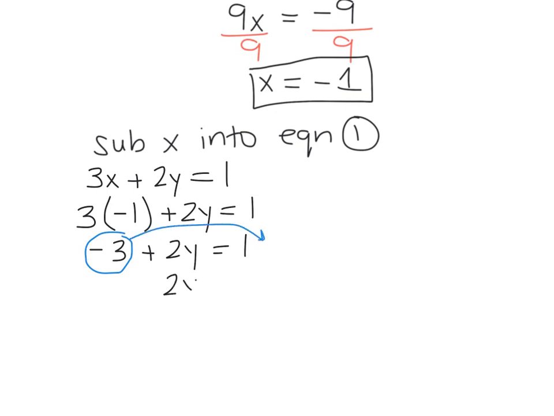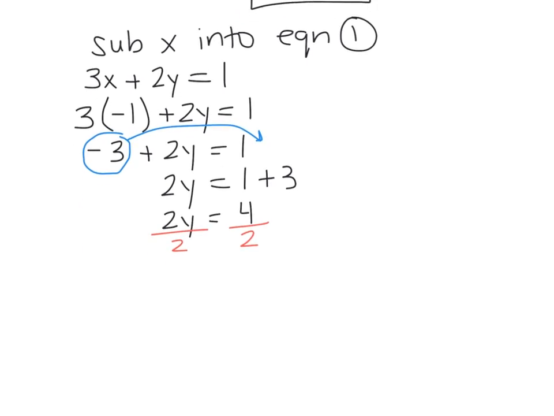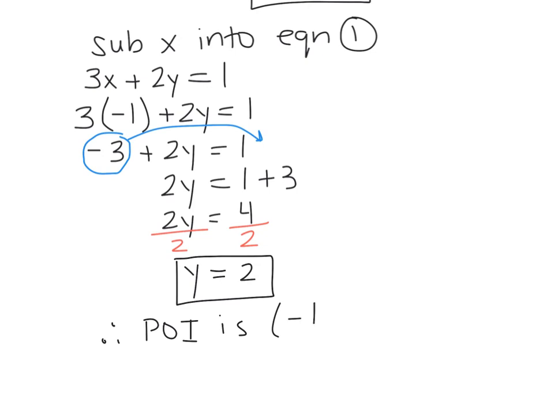That's going to leave me with 2y equals 1 plus 3. 1 plus 3 is 4. And then I'm going to isolate for y by dividing both sides by 2. So that's going to leave me with y equals 2. Okay, so therefore my point of intersection for this linear system is located at negative 1 and 2.